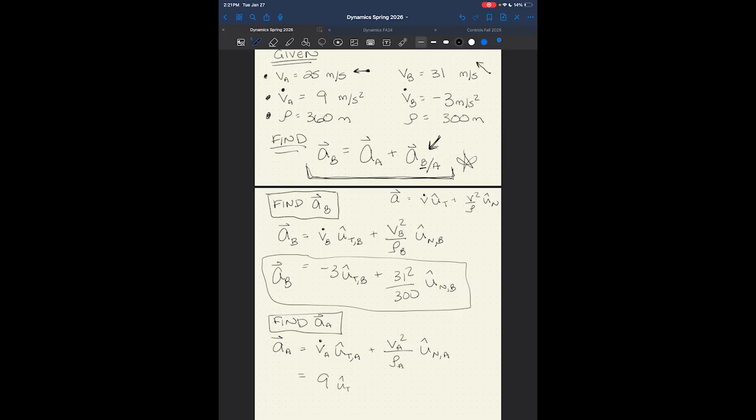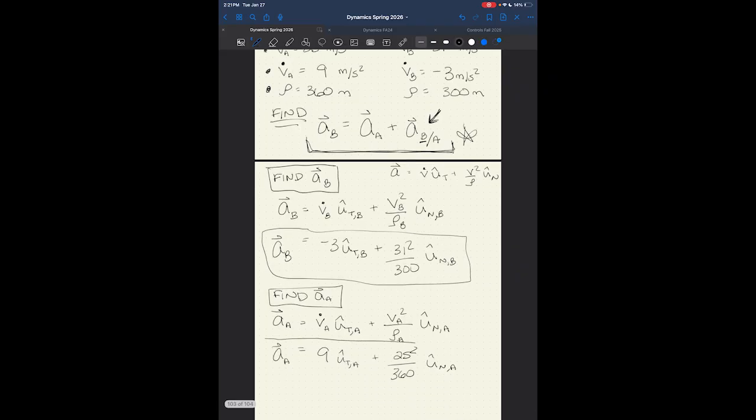I have a 9 u hat t A plus 25 squared over 360 u hat n A. Brilliant.